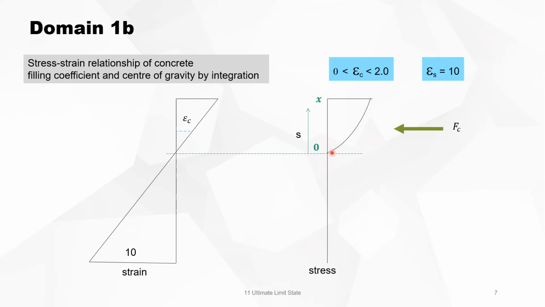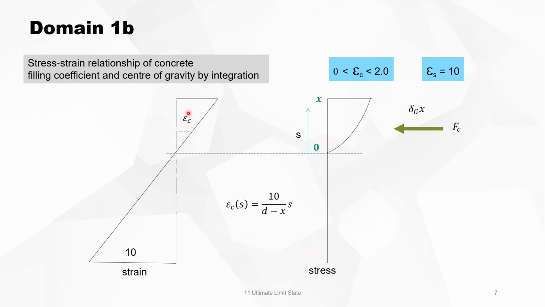The integration of this piece of parabola is the concrete compressive force Fc, if you multiply it by the width of the section, of course. And the position of the component Fc is delta G x.